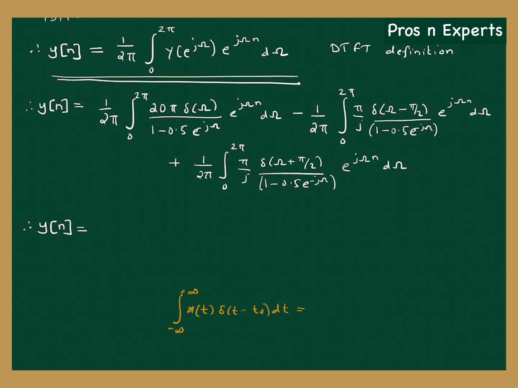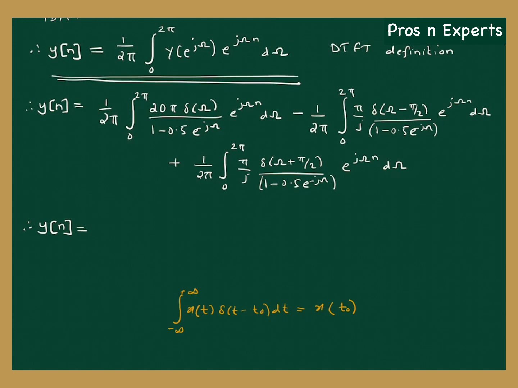It will be the other function, other than the impulse function, at t0, right? The impulse is present at t0, so the function reduces to x of t0, a scalar at t0, right? So using this property of impulse, we call it the shifting property.